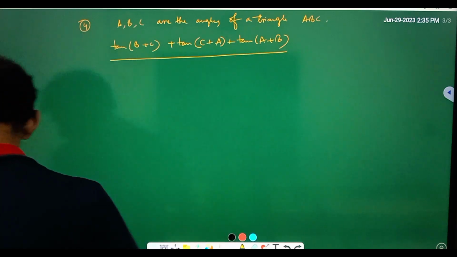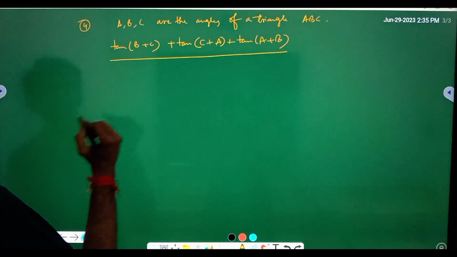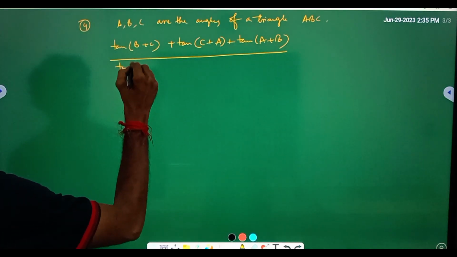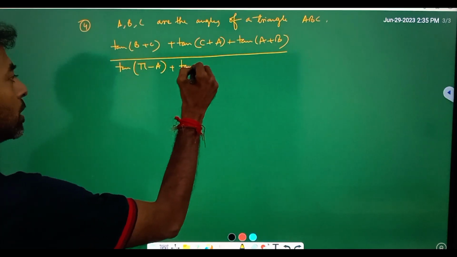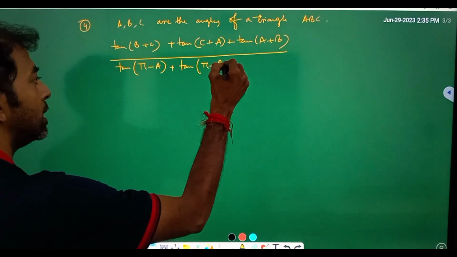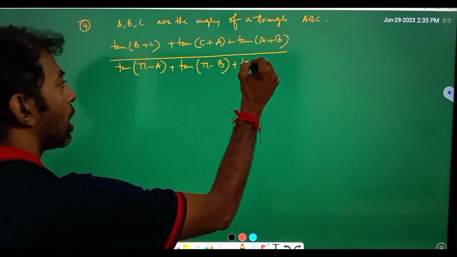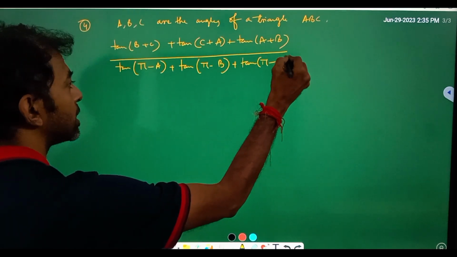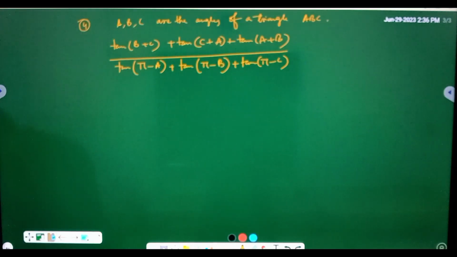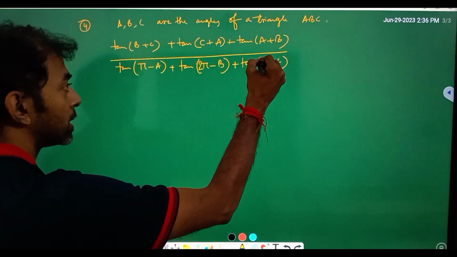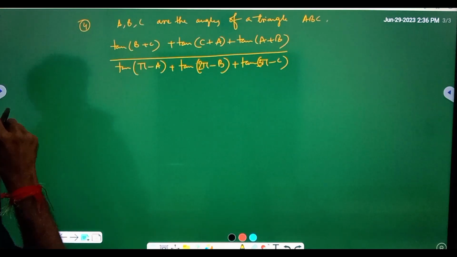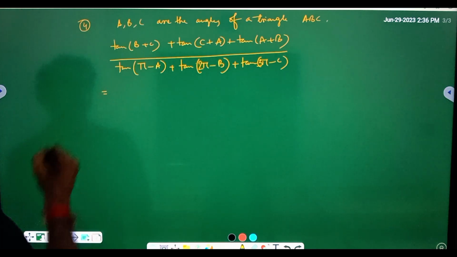divided by tan(pi minus a) plus tan(pi minus b) and tan(pi minus c). Now, what's going to be the result here? Tan(pi minus a), sorry, that's 2 pi minus b and that's 3 pi minus c. Okay, no problem about that.